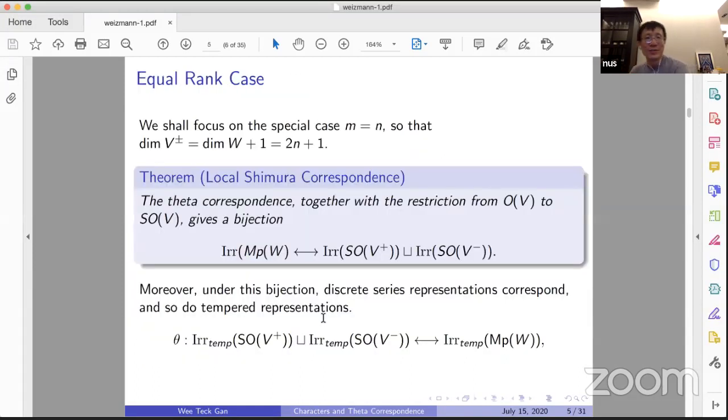Now for the rest of this talk, I'm going to specialize to the case of equal rank, that is, when m equals n. In other words, the dimension of W is 2n, and the dimension of V plus or V minus will be 2n plus 1. This is just for simplicity, because in this case, since the ranks are equal, the roles that these two groups play are completely symmetrical.